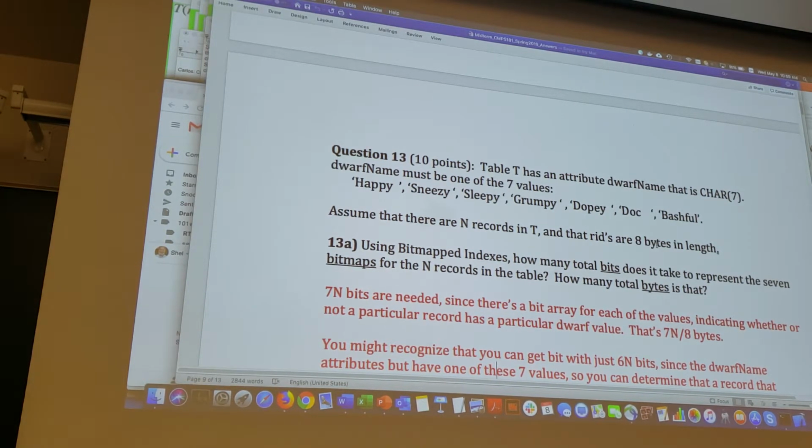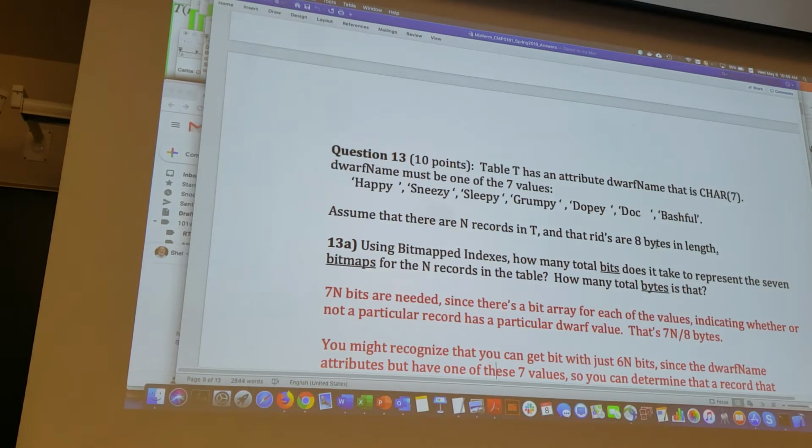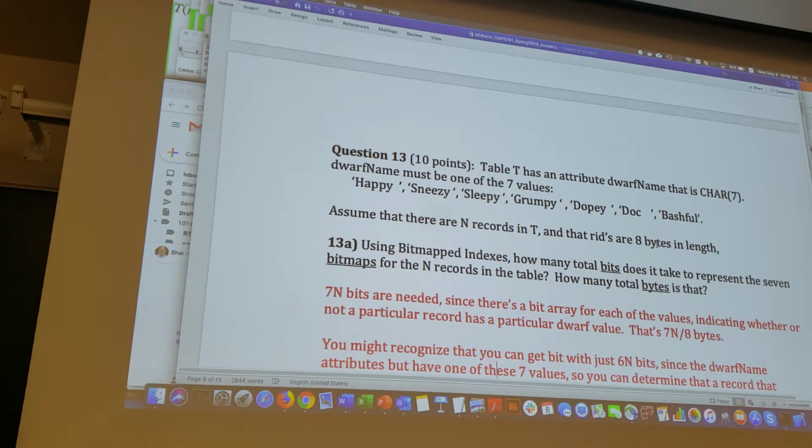Basically, you'll have a 1 that corresponds to grumpy, a 1 for happy, bashful, etc. I'm not going to remember all 7 of those guys. But for a record that's there, you just have zeros for all the different values. So even in the case where the record isn't there and it's been deleted, you can get by with 7n bits. So full credit for the 6n, full credit for the 7n.